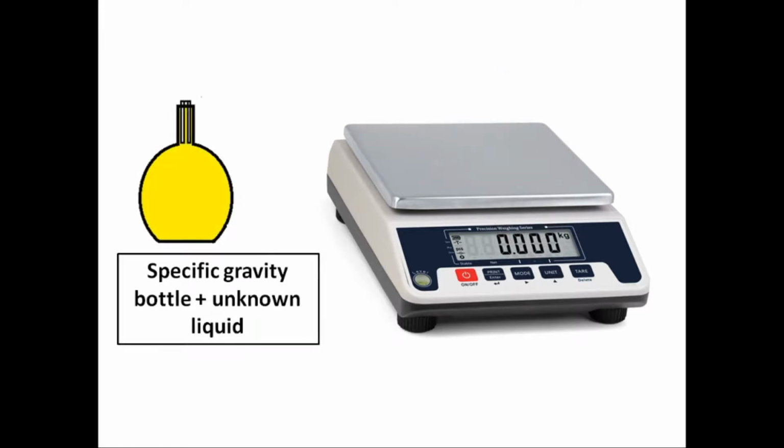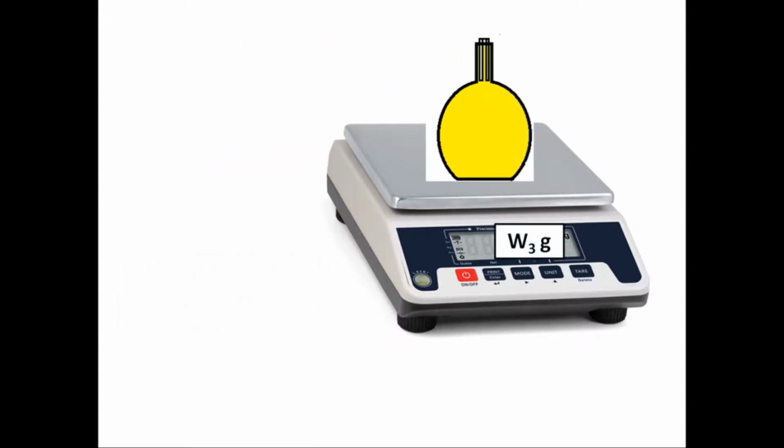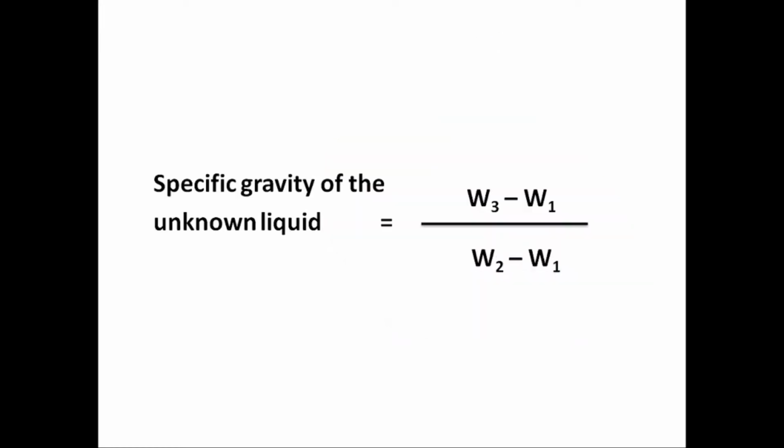And finally we will fill the specific gravity bottle with the unknown liquid and we'll take the weight. Let it be W3 gram. Now specific gravity of the unknown liquid can be determined from this formula, W3 minus W1 by W2 minus W1.